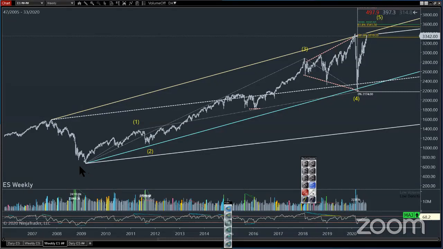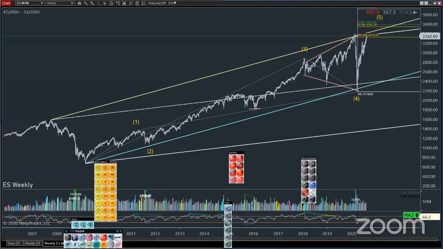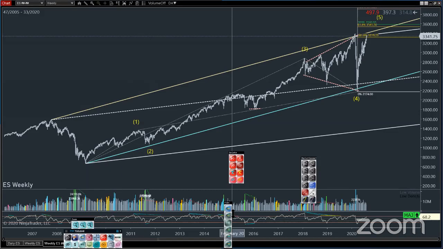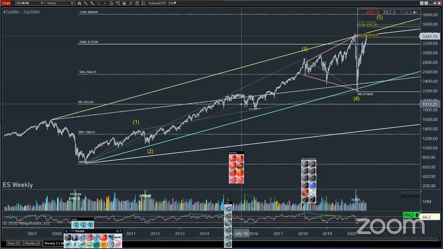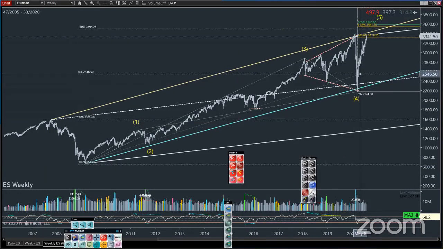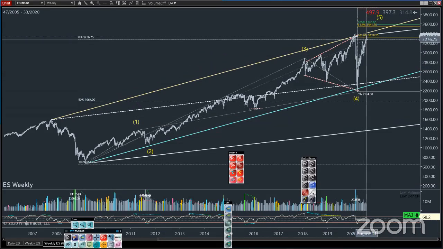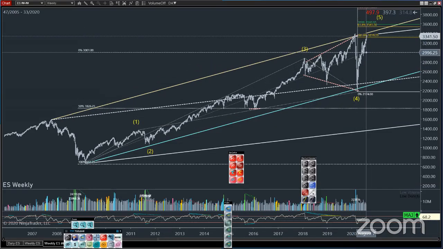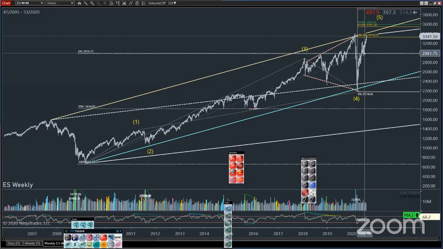So I'll draw from here. Actually, let me get my crosshairs. Well, that didn't work at all.